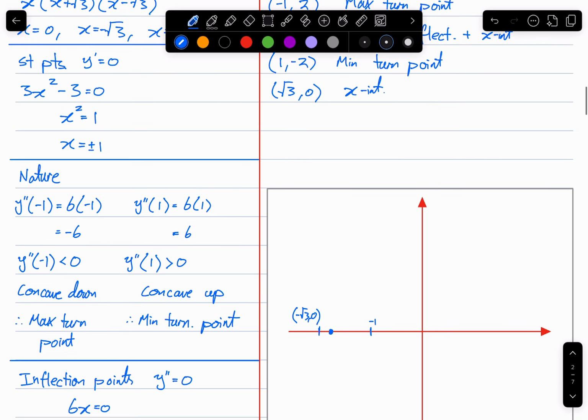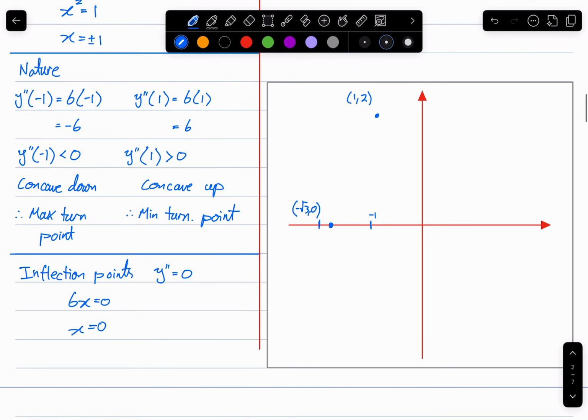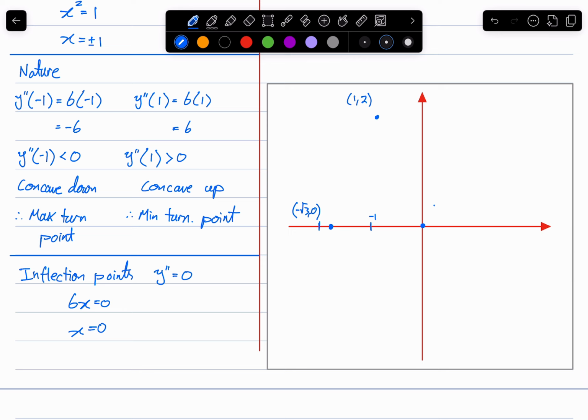Negative 1, 2, positive 1, 2, somewhere up here.